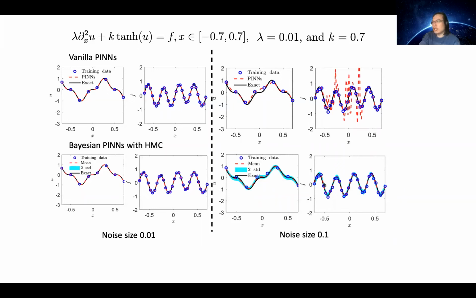You can check our paper. That is because vanilla PINNs are not very robust if the data is noisy. Of course you can use some technique like regularization or put a penalty on the weights, but that is essentially equivalent to Bayesian PINNs.